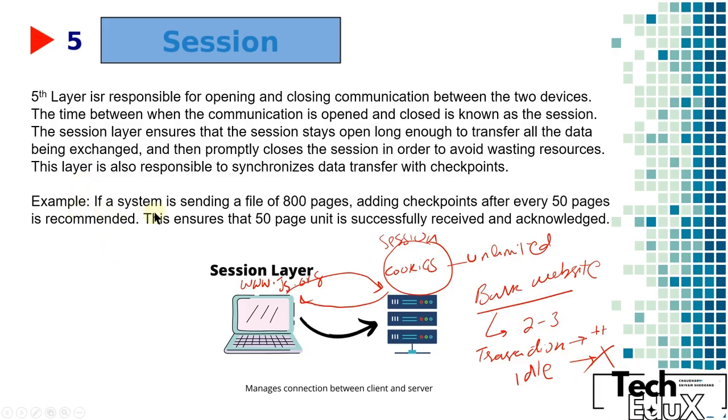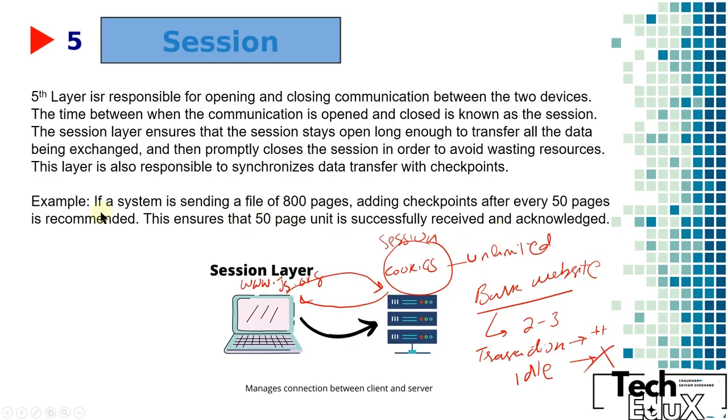So here is the example. If a system is sending 800 pages, adding checkpoints is recommended. This is going to give me the idea about how checkpoints work in the session layer. For example, if you are sending 800 pages, adding a checkpoint after every 50 pages is recommended. This ensures that each 50-page unit is successfully received and acknowledged.